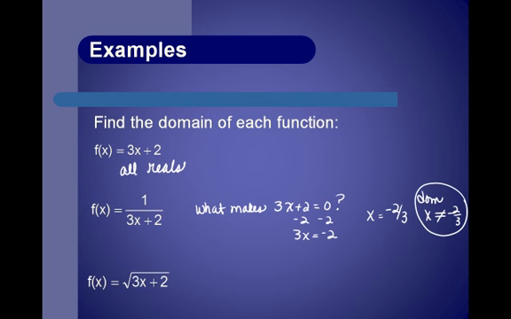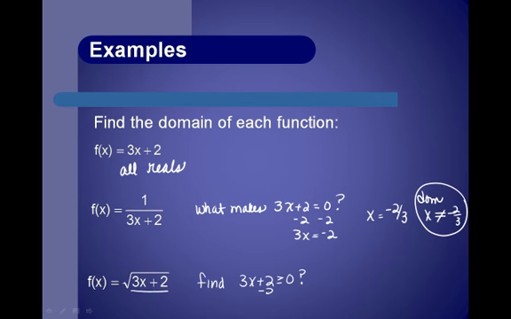And then our third part says if f of x equals the square root of 3x plus 2, what is the domain? Well, remember when you're taking the square root, you can't take the square root of a negative number, so whatever is under the square root sign can't be negative. So what we want to do is find what makes 3x plus 2 greater than or equal to 0.